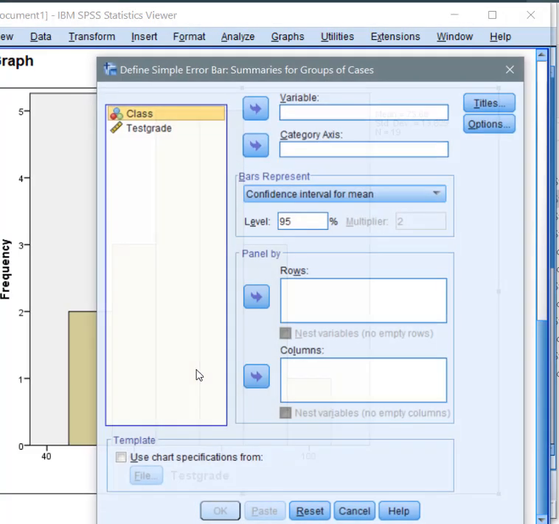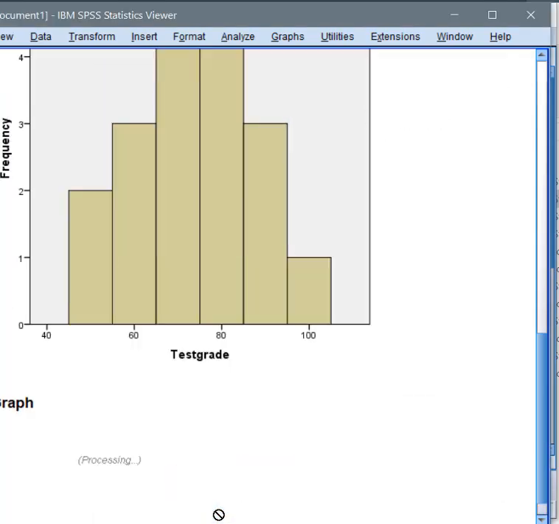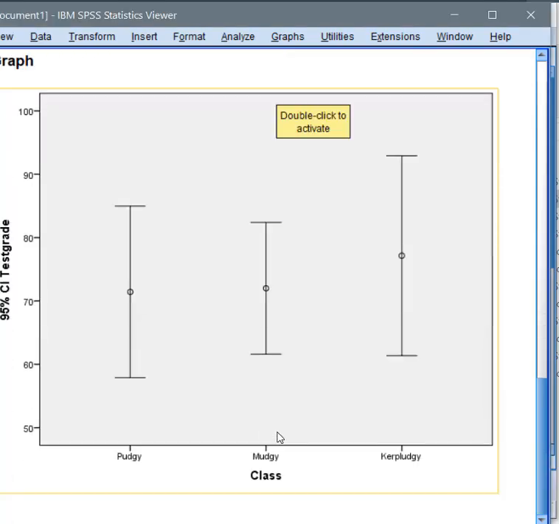So I'm going to hit define and leave it on summaries. And so in essence, what we're doing is treating class as our independent variable, our category variable, and test grade is the variable that we want to actually plot. So I move those in there, hit OK, and here I have my nice error bar graph.